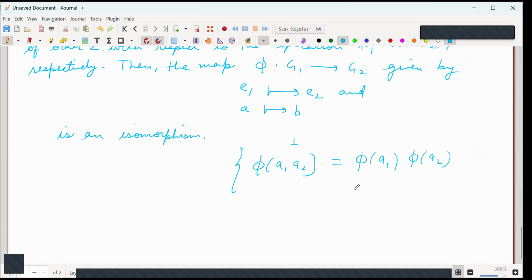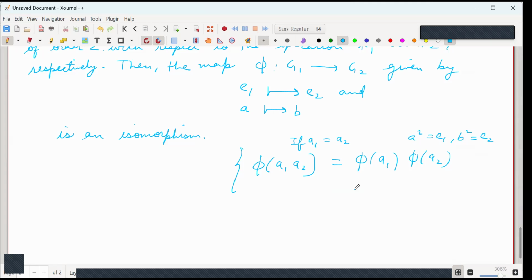So if A1 equal to A2, then what we will have? So basically, you also know that the order of A has to be 2, right? So A square is identity and B square is also identity in the second group.